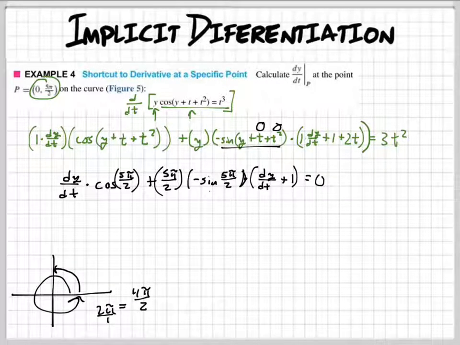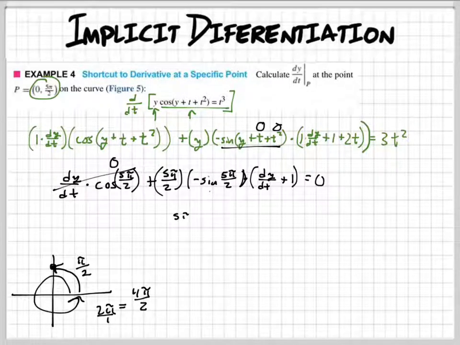If I add another pi over 2, that would be 5 pi over 2. So 5 pi over 2 takes me around the unit circle once, and then another half of a pi. What does cosine equal at this point right here? That equals 0. So this is 0. Yay, this cancels out.